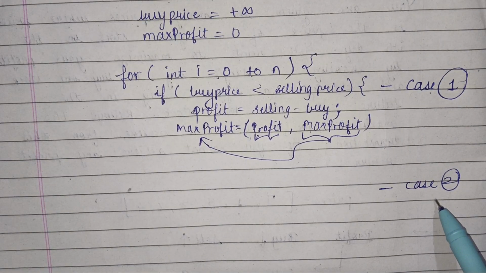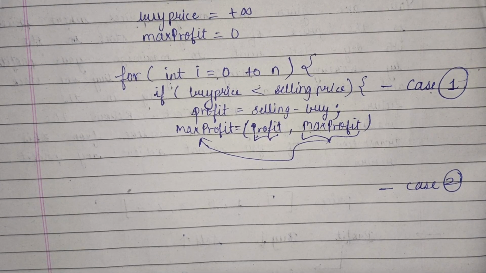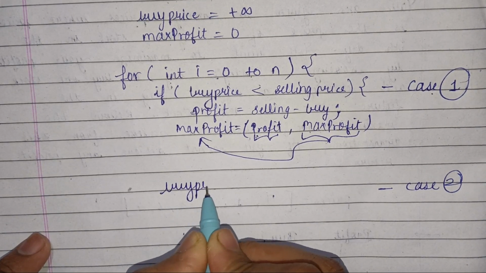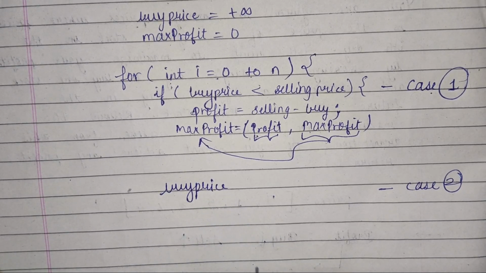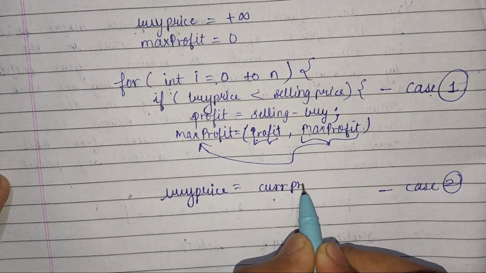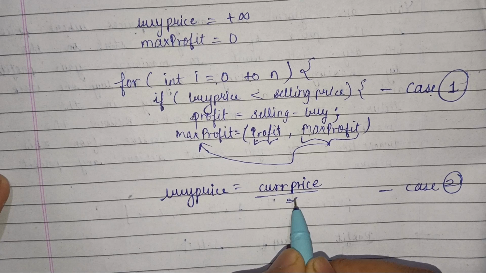Now let's see our case 2. If the selling price is less and our buying price is greater, then in that case we will update the buying price equal to the current price, or we can say the selling price also.